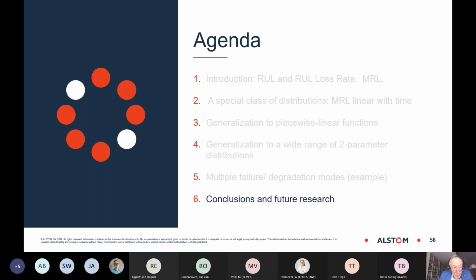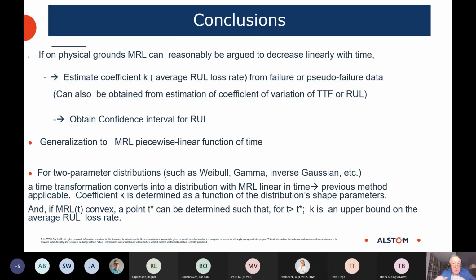So, conclusions and future research. What I hope to have shown is that if on physical grounds we can reasonably assume that the mean residual life decreases linearly with time, as is the case in some railway examples and elsewhere, then we can estimate the coefficient K, which is the average RUL loss rate, from the failure data or from the pseudo-failure data, or it could be obtained from estimating the coefficient of variation of the TTF or the RUL.